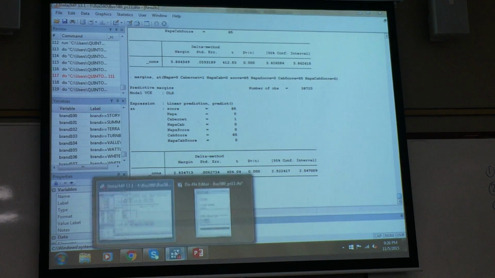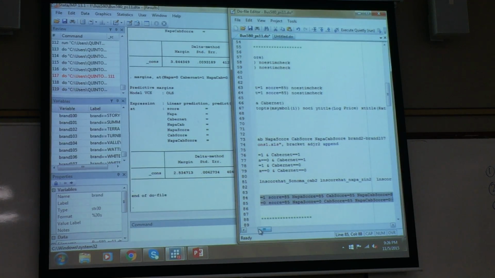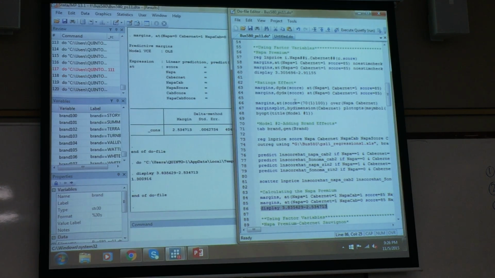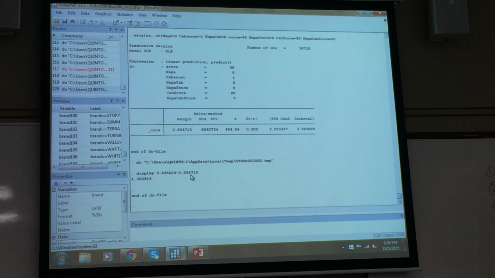Is this the same thing? Yeah, there we go. Oh, I know what I did wrong. I copy and pasted my display, but it's the same values.